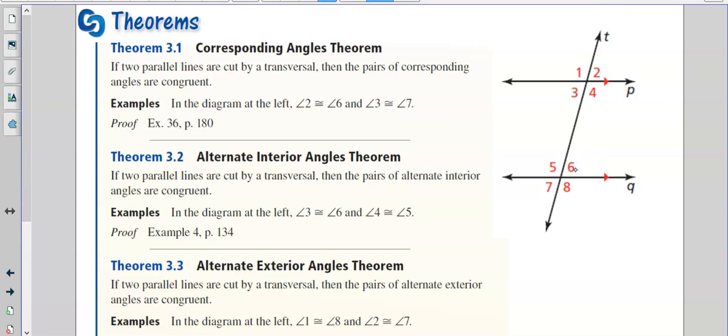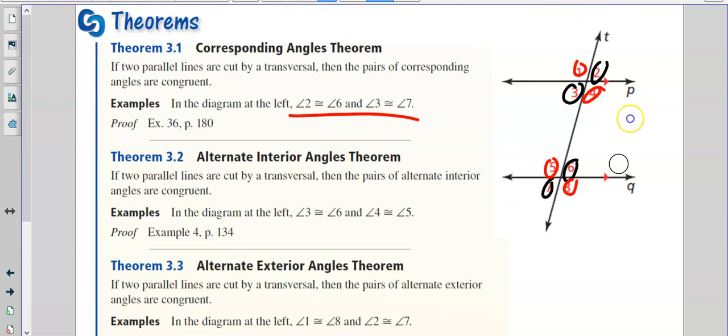Well, now we know 2 and 6, and 3 and 7, and 5 and 1, and 4 and 8, all of those, this just lists a couple of those, all of those are corresponding and therefore equal.